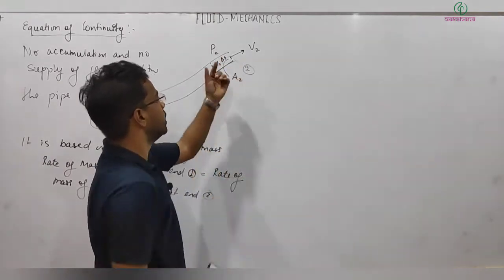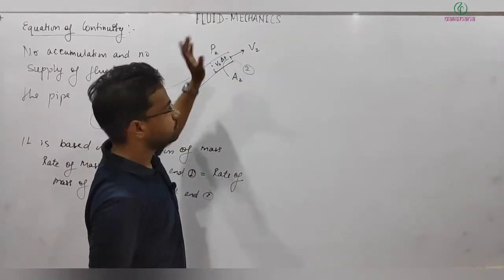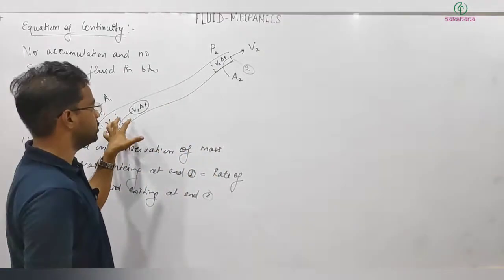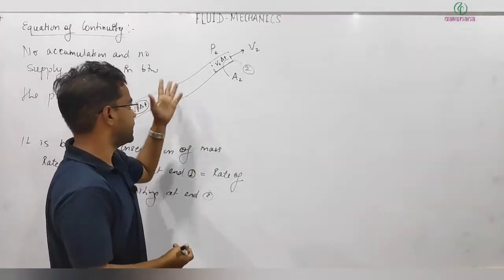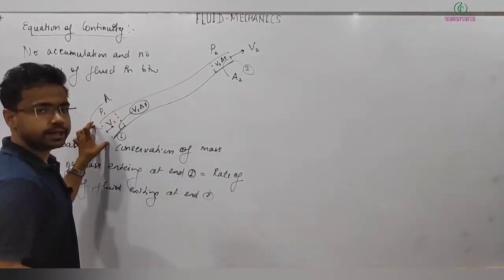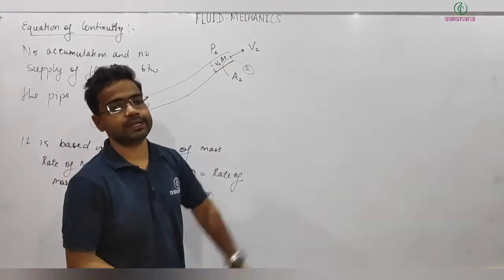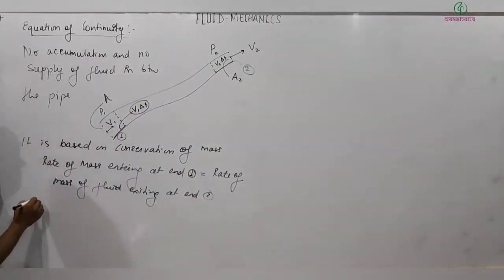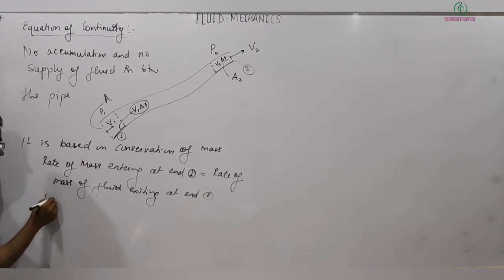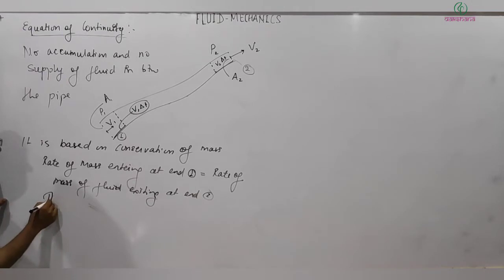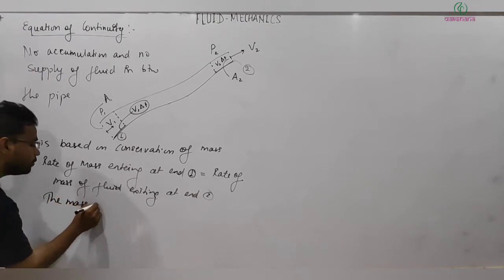So this much fluid comes out, and this much fluid enters in the same time, because the pipe is completely filled, so no accumulation or supply of fluid can take place. Whatever fluid enters in delta t time at this end must come out at that end.